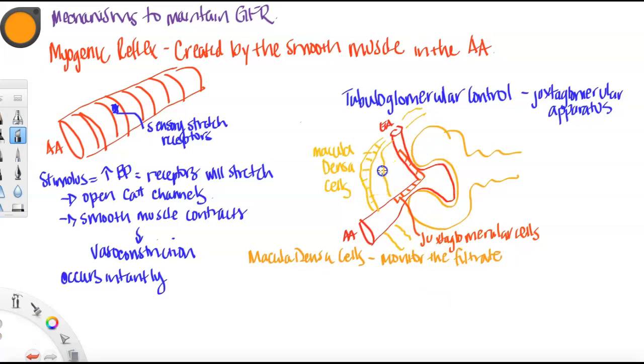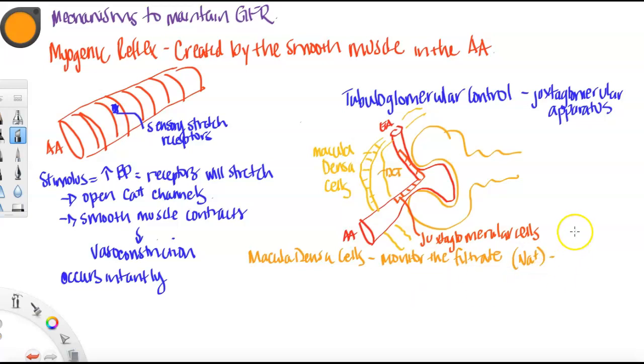Remember, that's what this is, the DCT there. And it monitors it for sodium. Okay. So if sodium levels are high, then that is going to indicate that blood pressure is down.